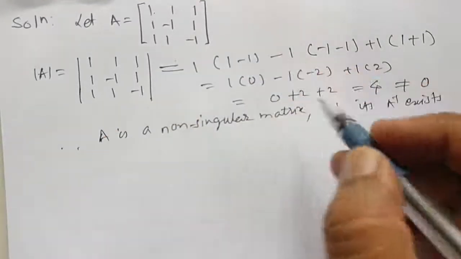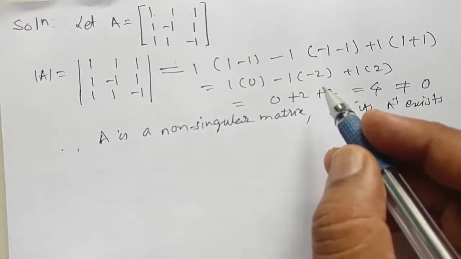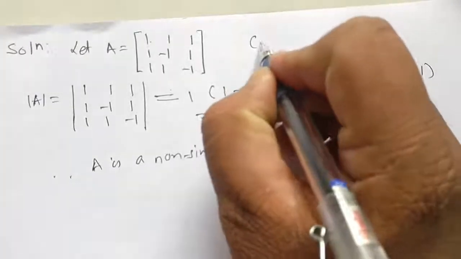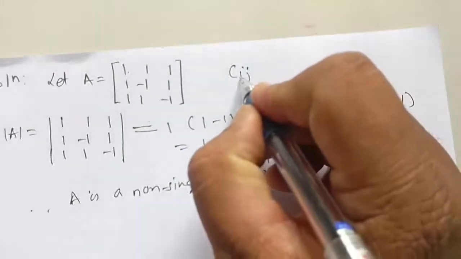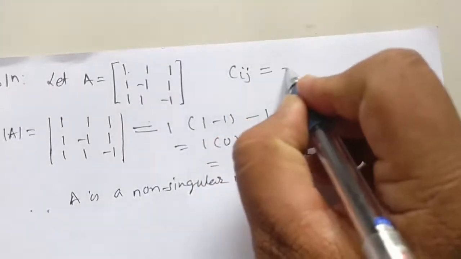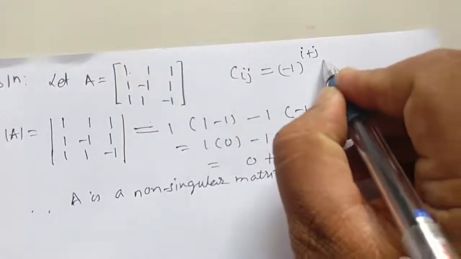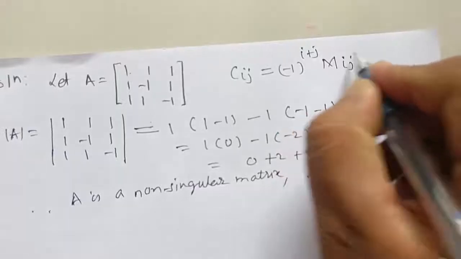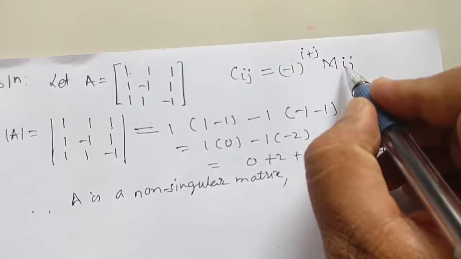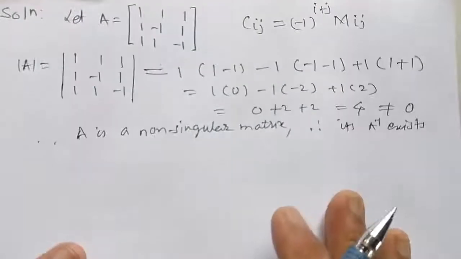Now for the adjoint method, we have to find the minors and cofactor of each element. The cofactor of the ith and jth element is equal to minus 1 raised to i plus j into the minor of i and j. Minor is the determinant obtained by eliminating the row and column in which the ith and jth element belongs.